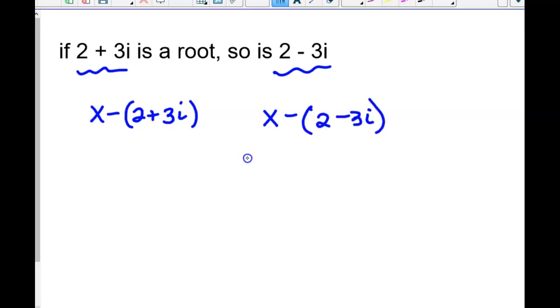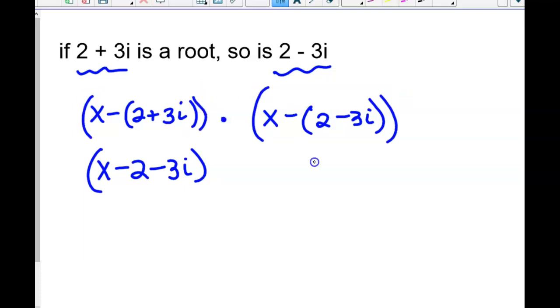okay, but pay attention. If I distributed that negative, what does this become? Minus 3i, everybody good? There was actually another parenthesis here. So if I distribute the negative so that I only have one parenthesis, it becomes minus 2 plus 3i.